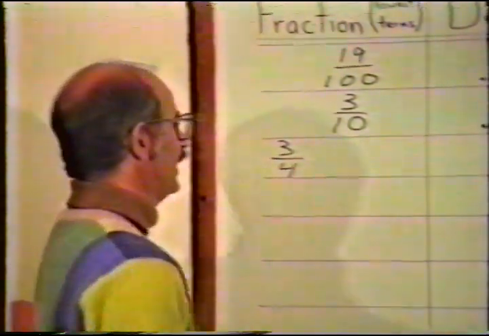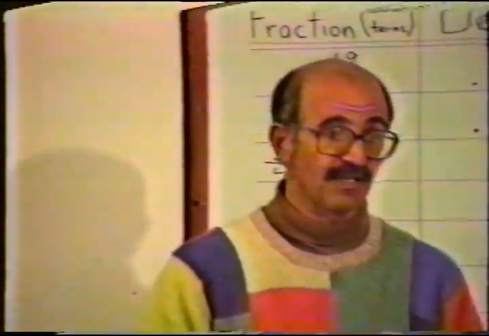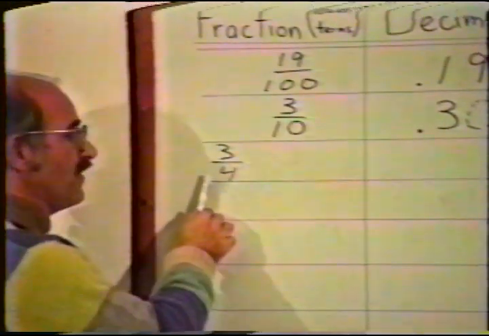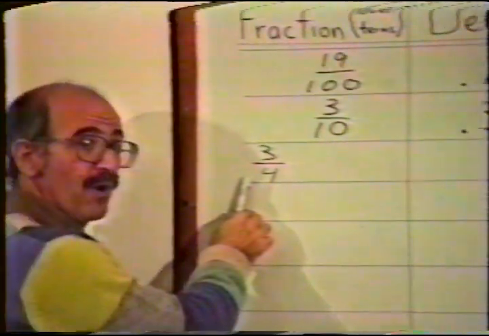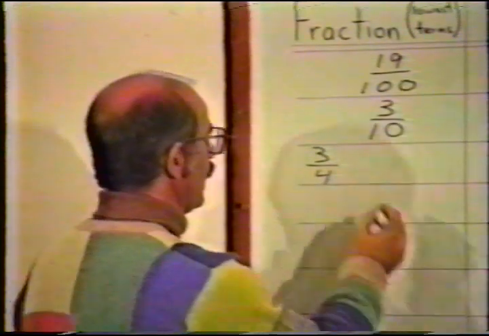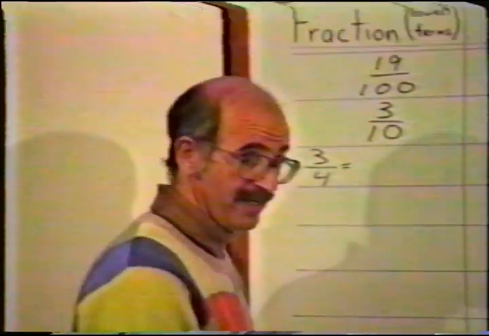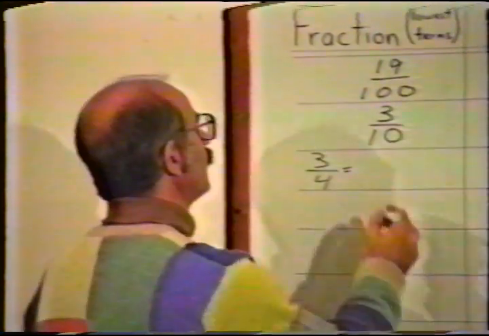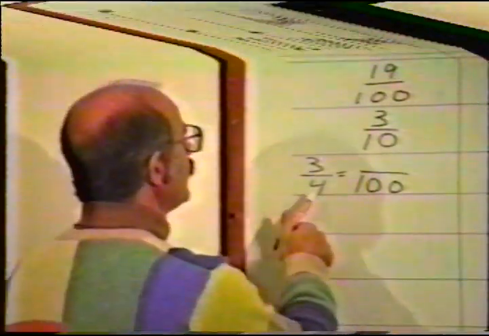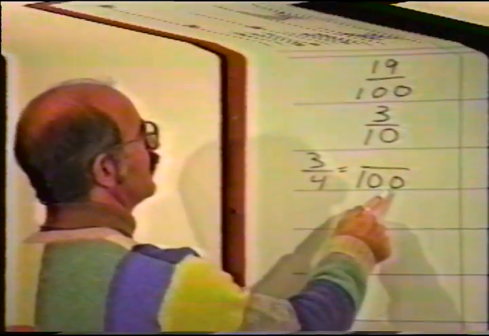The next one is 3/4. I want to change that to a decimal. First question that I ask myself is, does it have a 10 or a 100 already there on the bottom? No. Can I make it 10 or 100? Yes. Can I make it 10? No. But I can make it 100. How many times was 4 multiplied to get 100? 25.